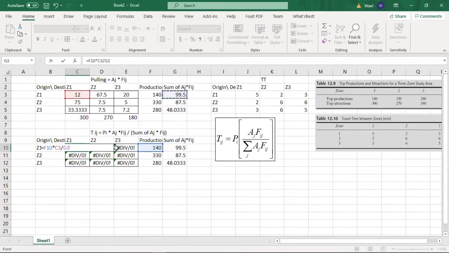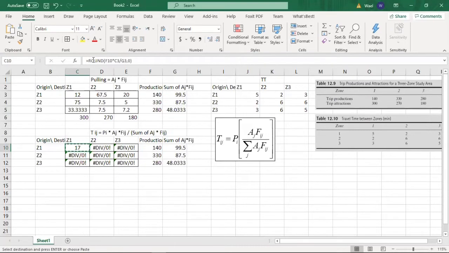Let's take this value, and this is going to be rounded with 0 digits. So this is going to be 17 trips.